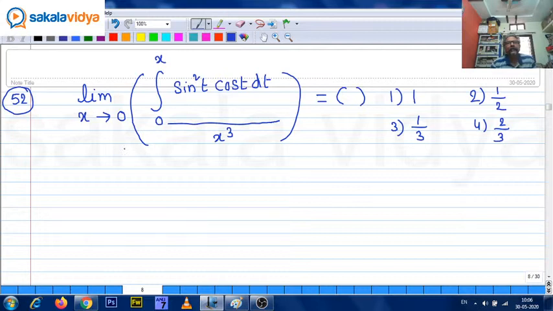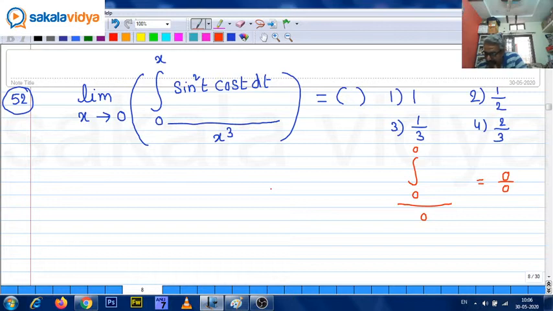So if you apply the limit, what will happen? It becomes like this: 0 to 0 upon 0 cube 0. Any integral from a to a is 0. 0 by 0 is an indeterminate form.